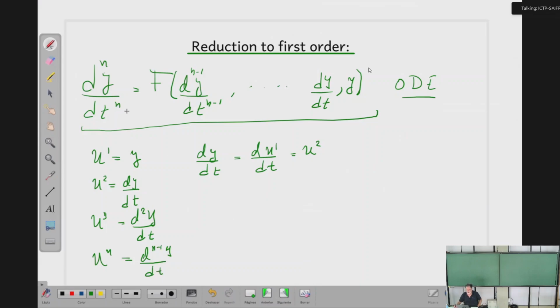And this thing here then is just dun/dt, right? Because it's the last derivative.